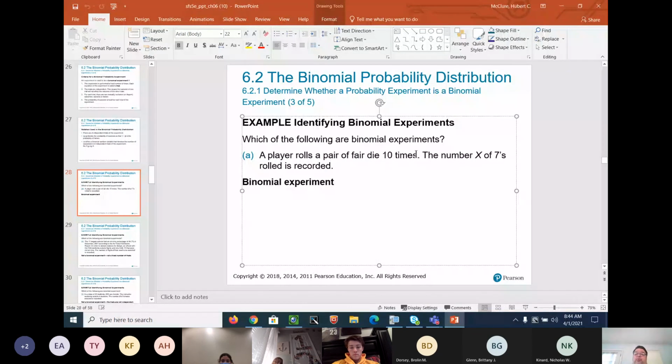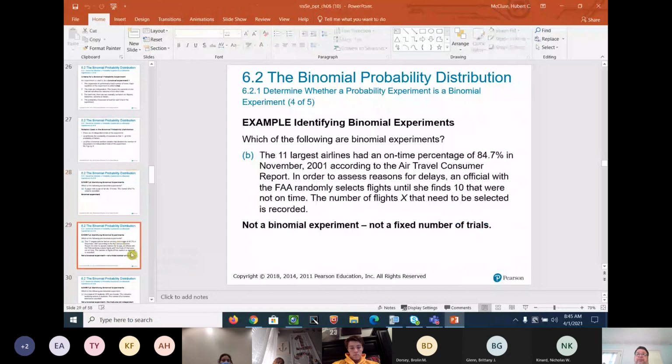All right, now I want you to write this one down because I want you to be able to know the difference between a binomial experiment and a non-binomial experiment. So go ahead and write this down. You've got numbers in there, but why isn't it a binomial experiment? It has it right there, not a fixed number, but I want you to tell me what that means.